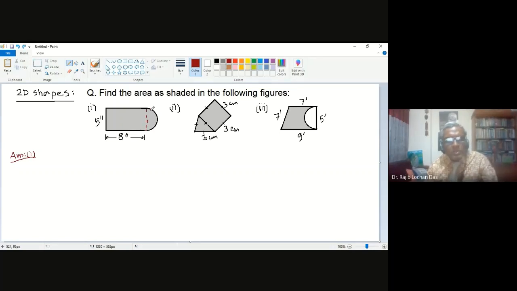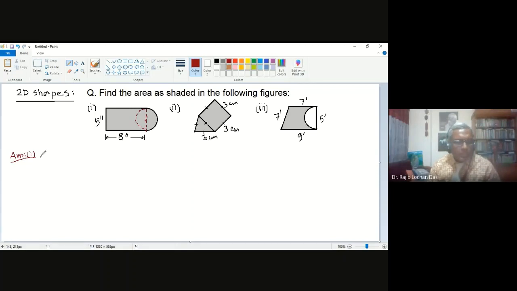If you have the circle formula, then you can easily find the half of the circle. That is not a big problem. Do you understand what I say? Yes, sir. Actually, the full circle was like this, but we are not taking the full circle. We are taking the full rectangle and then half of the circle. So you write part by part.